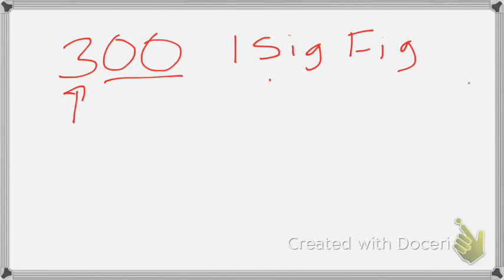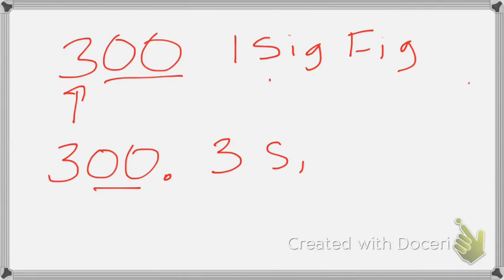Alright? However, if I did 300 and then I put a decimal point there, now those zeros become significant and I have 3 sig figs. So if I have 3 significant digits, which one of those digits, the 3, the middle 0, or the last 0, is my estimated digit?